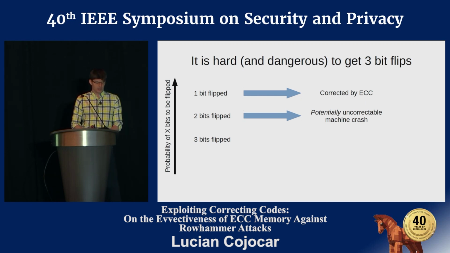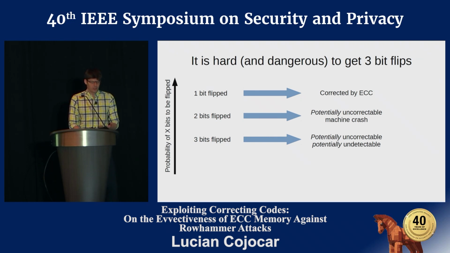And potentially, if the machine detects this uncorrectable error, then the machine would crash, or at least the process that causes the uncorrectable error will have to crash. So a countermeasure has to be taken by the host. If more bits are flipping, then this error could be potentially uncorrectable and potentially undetectable. So we have a chance there to go, let's say, undetected.